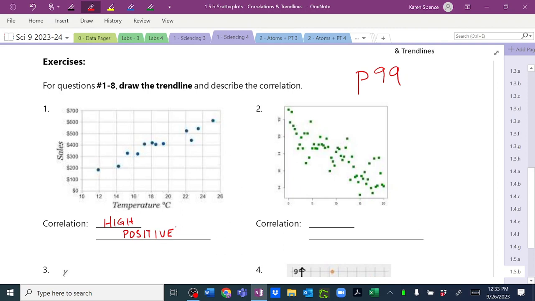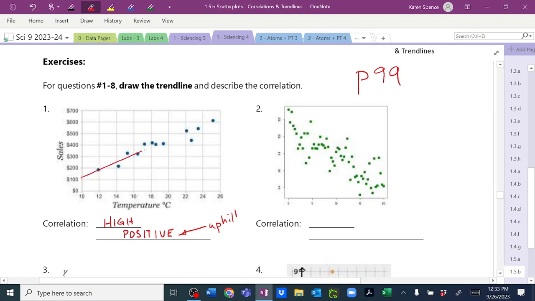That's why it's positive. Okay, so it goes uphill. So that's how you can tell that it is positive. Yes, Max? Yeah, not even just a relatively equal distance, but all the dots are almost on the line. They are close to the line.